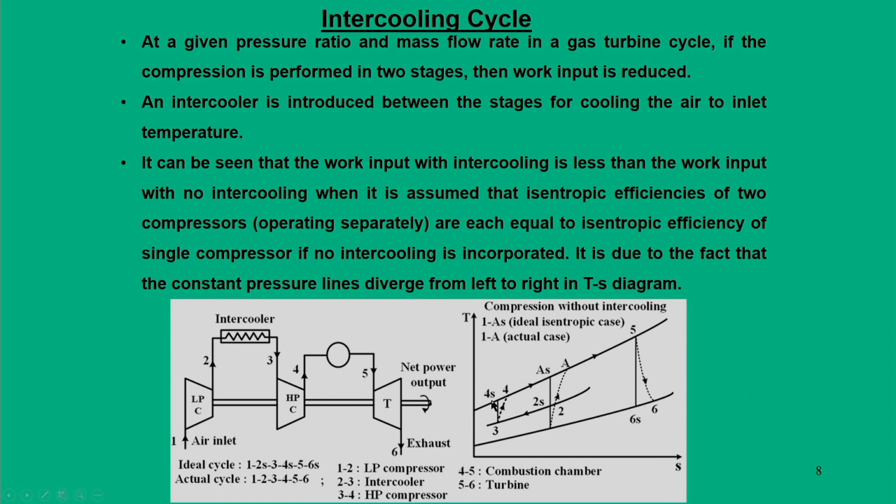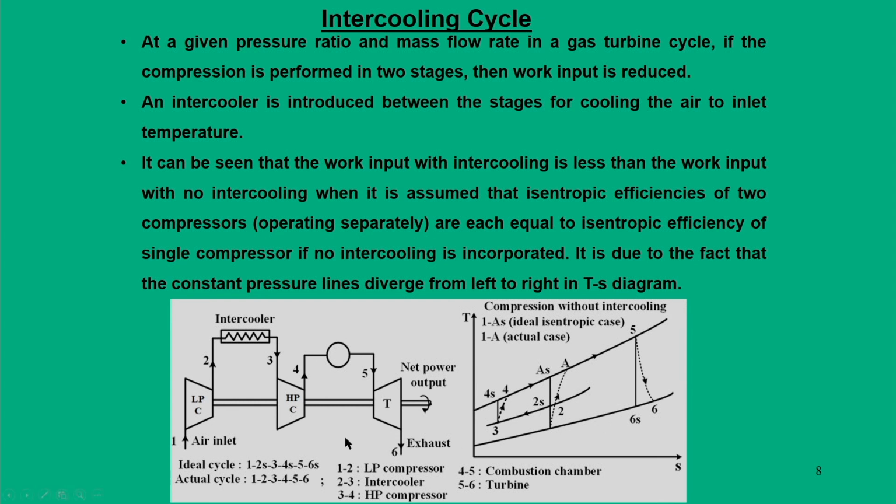So, on the compression side this difference is smaller, but on the expansion side this difference is larger. By looking at the trends of the diagram and taking advantage of this TS diagram, people use the concept of intercooling and reheating.